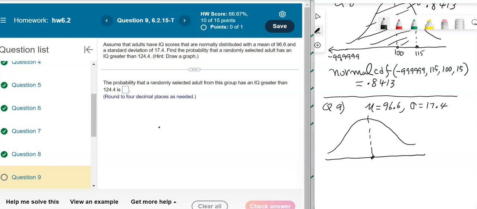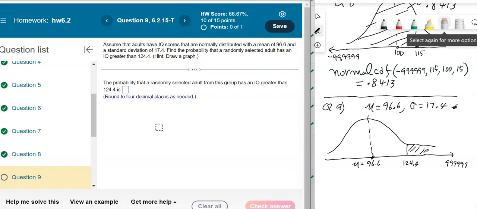So in the middle is 96.6, greater than 124.4. This area. Again, I want to go to 999,999. This mu is that. Sigma is changed to 17.4.